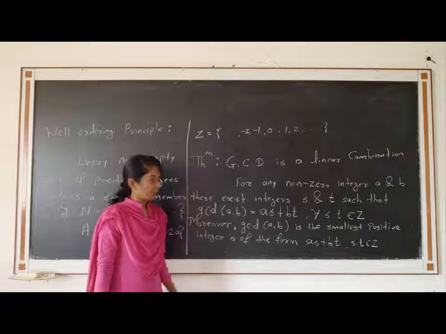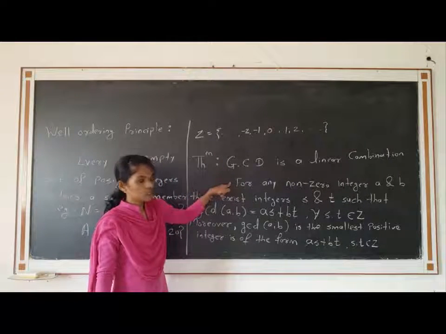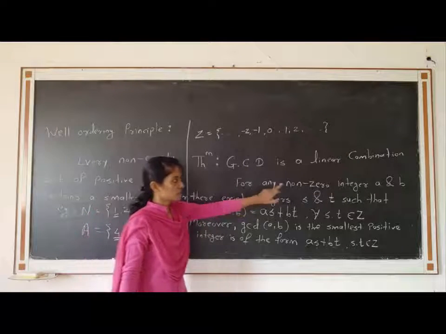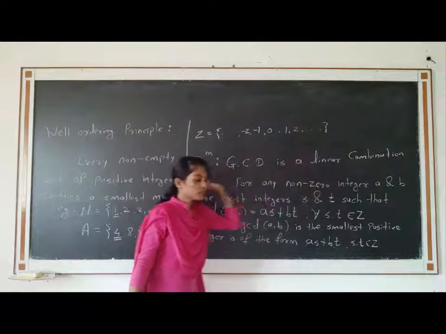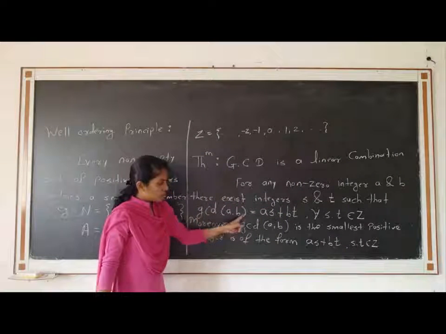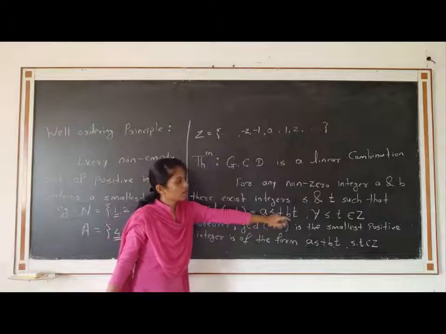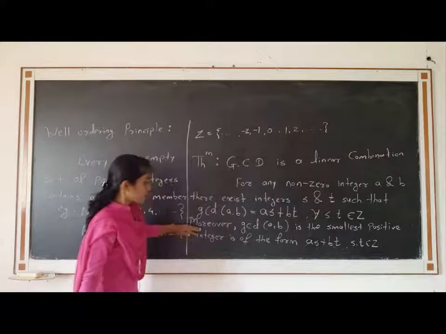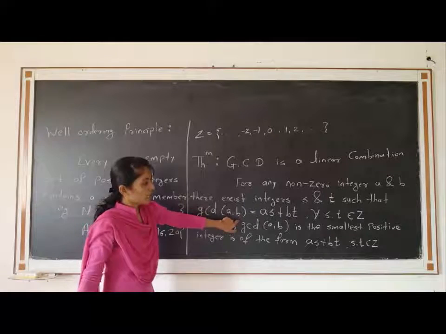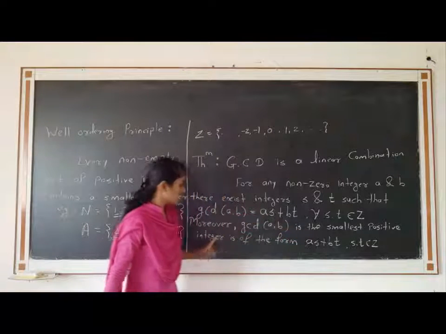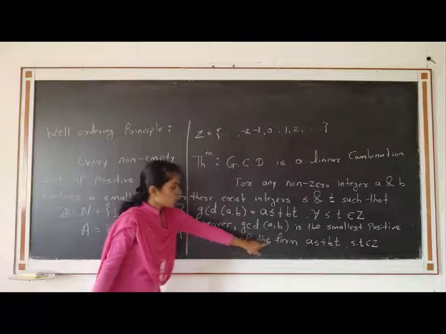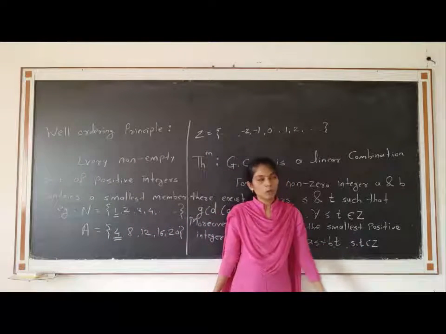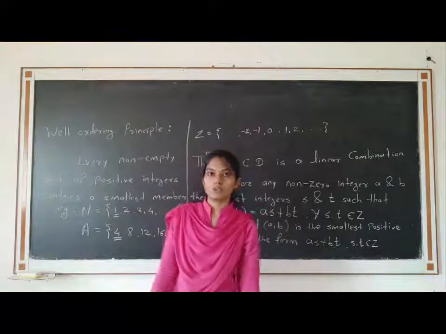So see statement, for any non-zero integers A and B, there exist integers S and T such that GCD of A, B is equal to AS plus BT. Moreover, GCD of A, B is the smallest positive integer of the form AS plus BT, where S and T belong to the set of integers.